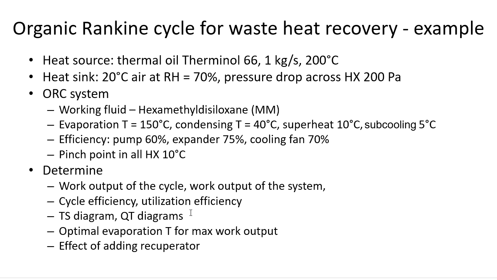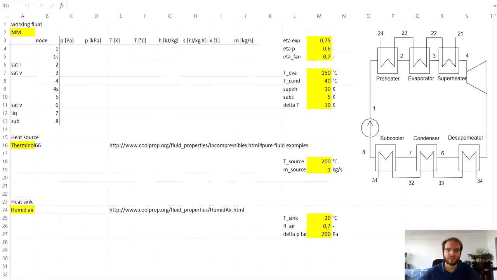Also we will draw TS diagrams and QT diagrams of the heat exchangers, and we will have a look at some optimization of the evaporation temperature so that the work output can be maximized. And also we will see how adding a recuperator could help us and what effect it would have on the cycle. So let's build a thermodynamic model of our system.